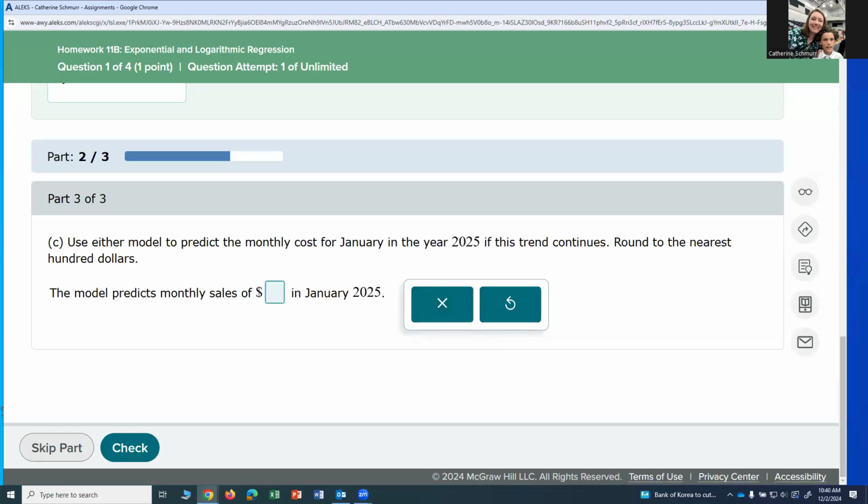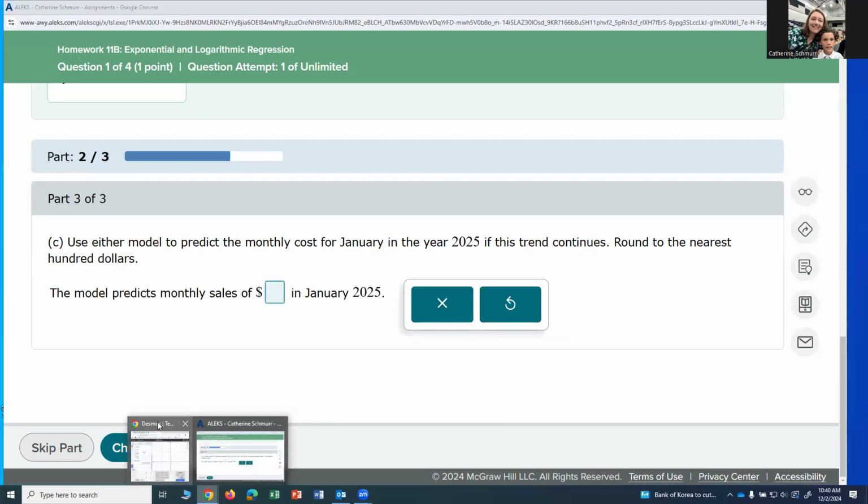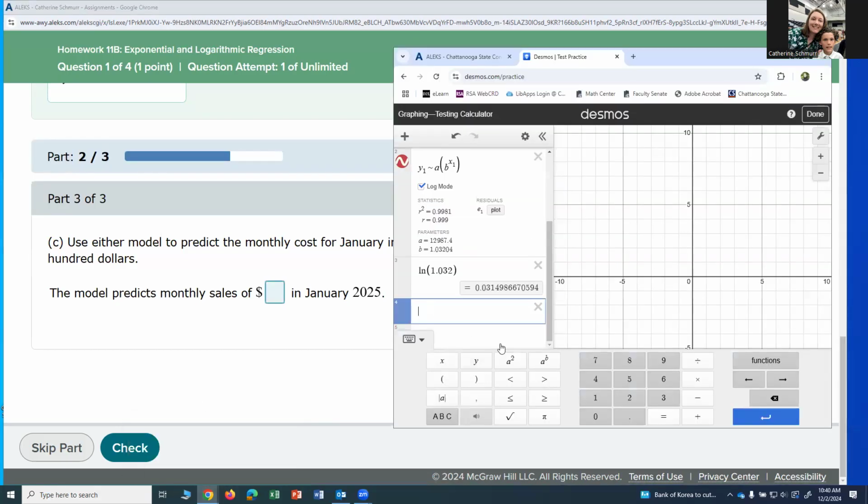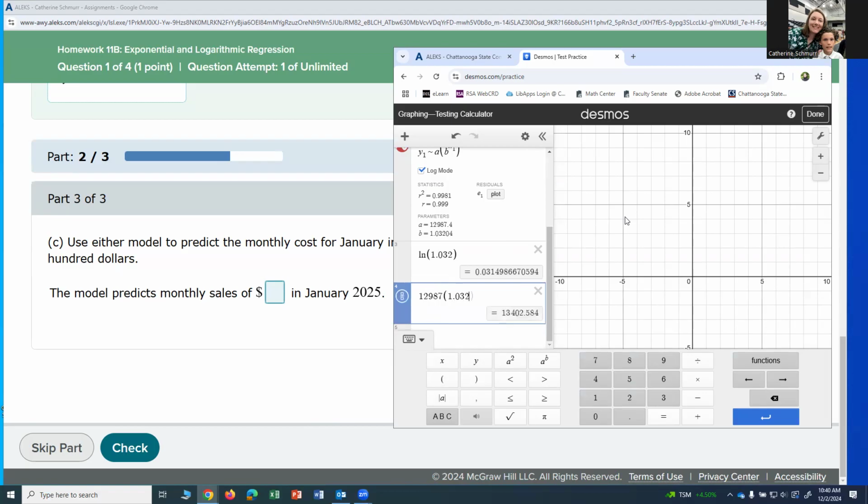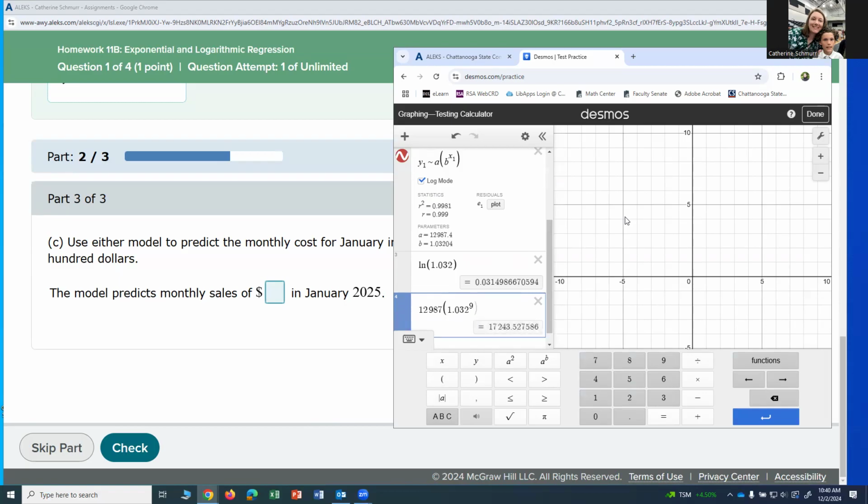So I'm going to take my model, and over here in the calculator, I'll put in my 12,987 times my base was 1.032, and I will raise that to the 9 because T is 9 in 2025.